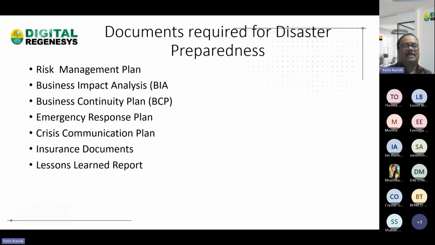Risk management plan, BIA, BCP, emergency response, communication plan can be clubbed into one single document, and it has to be approved by the stakeholders and the top management as well. Make sure that you get approval from the relevant stakeholders. So these are certain documents required for disaster preparedness. It can differ from organization to organization with different terminologies as well.